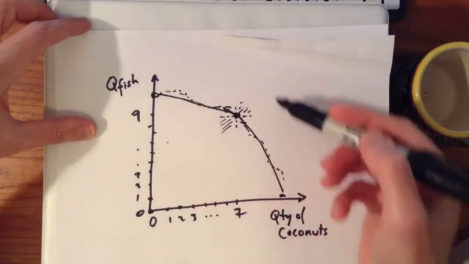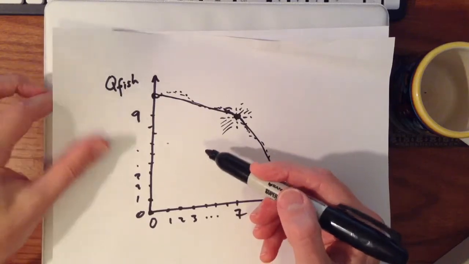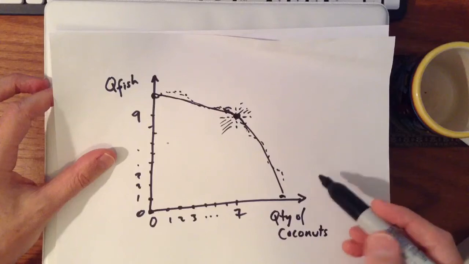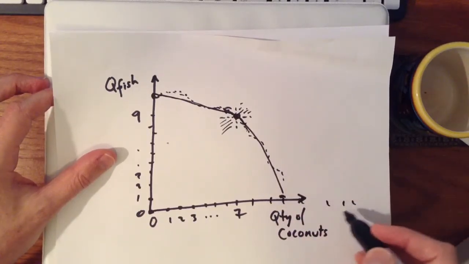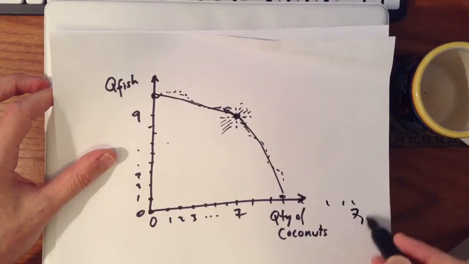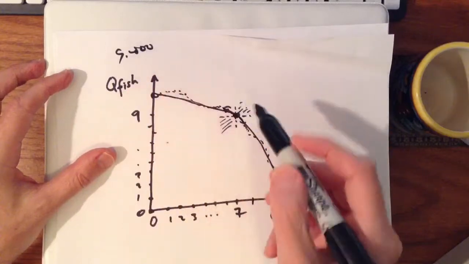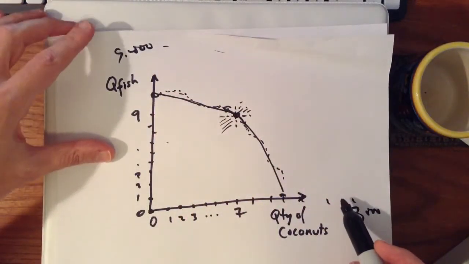So you could imagine drawing many kinds of production possibility frontiers of this type. These might be for an individual. If we had many individuals, we would simply have many times this. So it would be perhaps 7,000 coconuts out here, and perhaps 9,000 fish up here, and it would just be a much, much larger curve of this type.